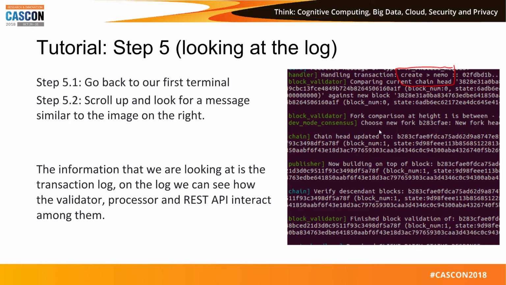So try to look for the handle transaction and then create Nemo. Maybe you will see different numbers, but you should see the create Nemo as I have it on this image right here. So go ahead and look into that log, and you can also see the validator, the consensus, and all the different components that we have on Sawtooth.